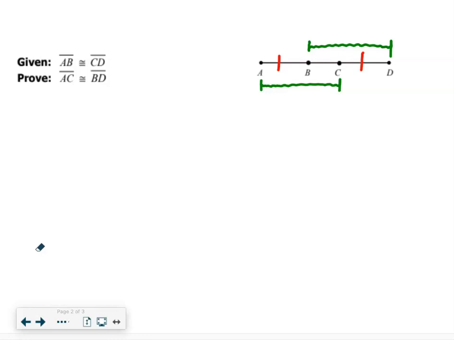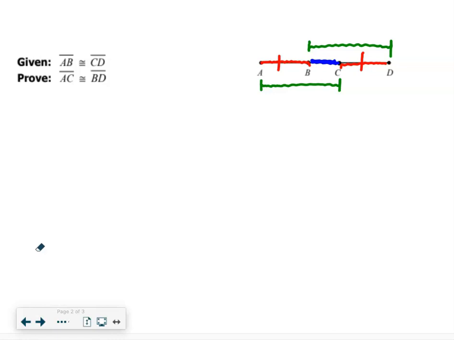Those are our green segments, and AB and CD are the same, and then I just have this BC in the middle. If you want to grab some colored pencils or highlighters to help you visualize, go grab those.